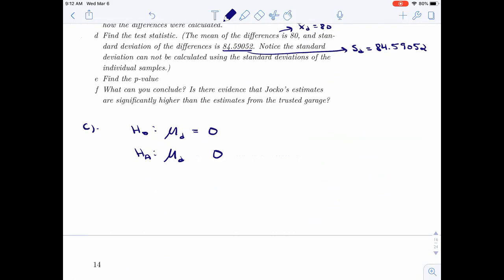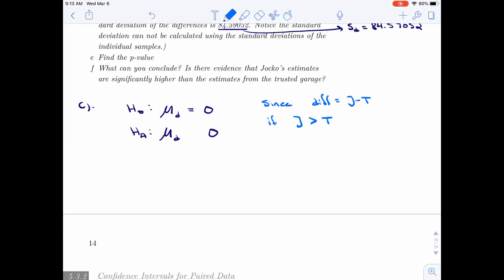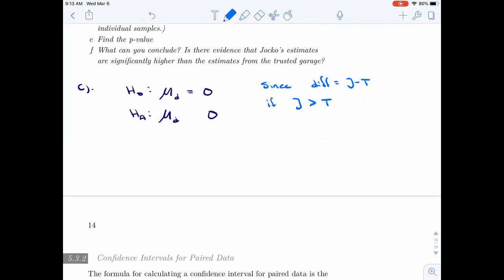We have to hypothesize about how the mean of the differences relates to 0. Since the difference is Jocko's minus trusted, if Jocko's is greater than trusted, then the difference must be positive.